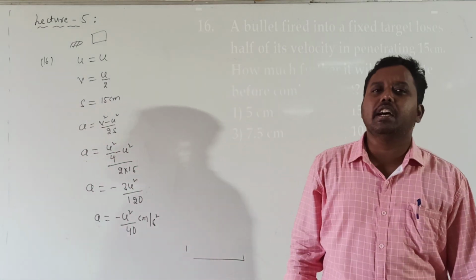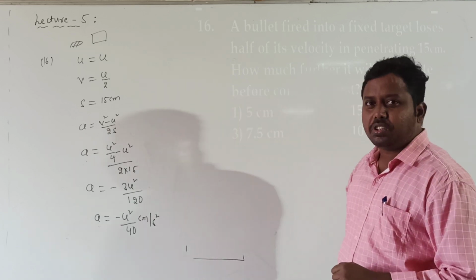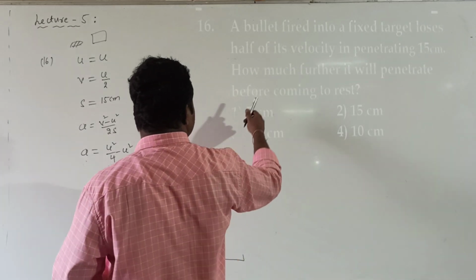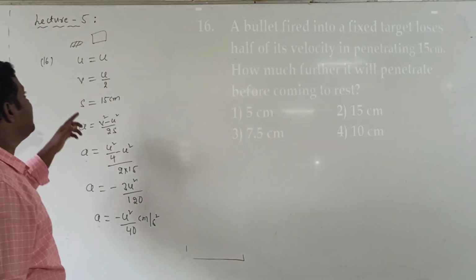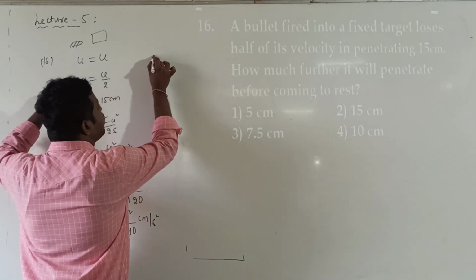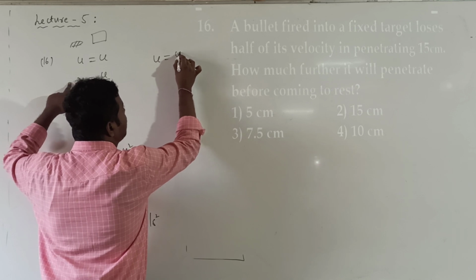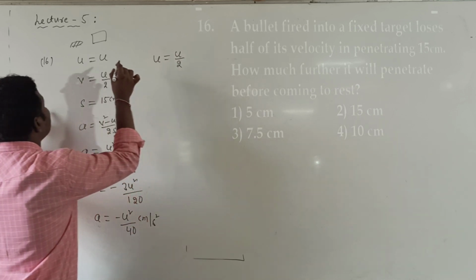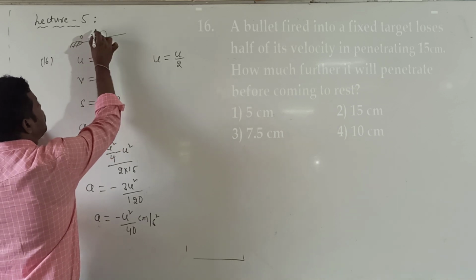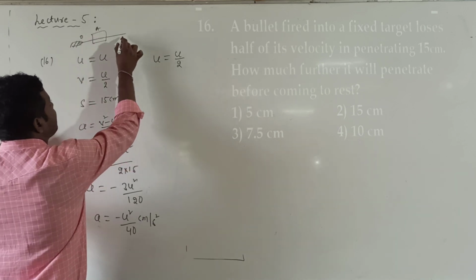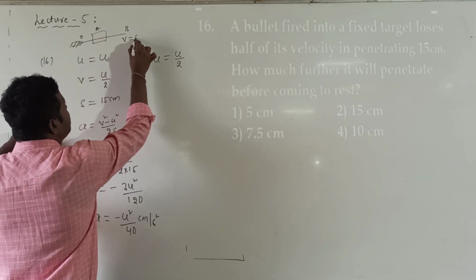They are asking us to calculate what is the distance traveled by the bullet before coming to rest position. What is the further distance? How much further distance? Further distance in the sense, so what is the velocity? U value is equal to u by 2. First it has traveled from, let me call it as O to A. Next it has traveled from O to B. Finally it will come to rest position.